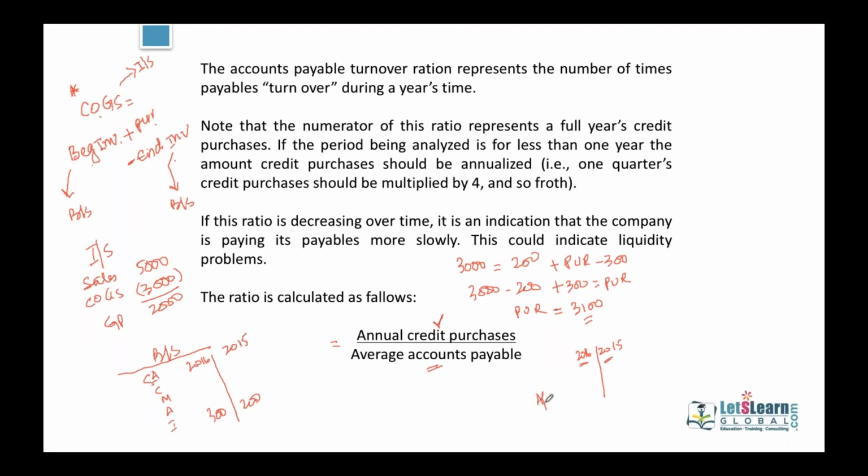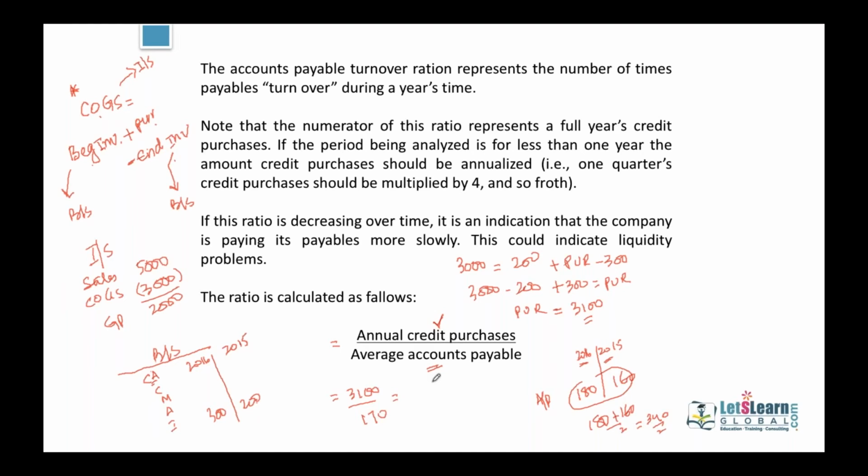Current liabilities, accounts payable, maybe here we have 180 and last year 160. So you have to take the average of this total. Now you have credit purchases 3100. Take the average of this, 180 plus 160 divided by 2. 340 divided by 2 will give you 170.